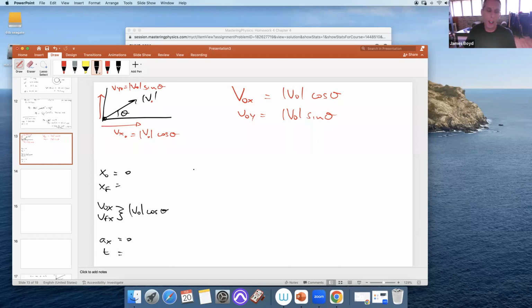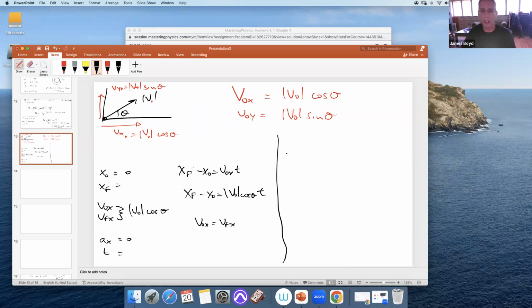In our X equations, we only have X final minus X initial is V cos theta times T. And we have that V naught of X is V final of X. Those just come from A of X being 0.